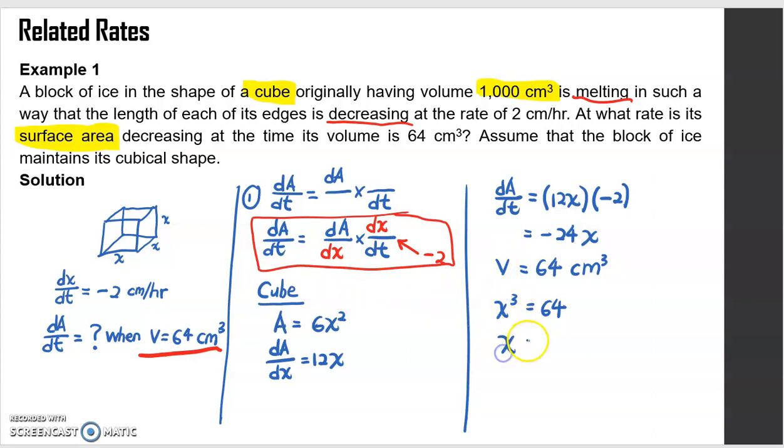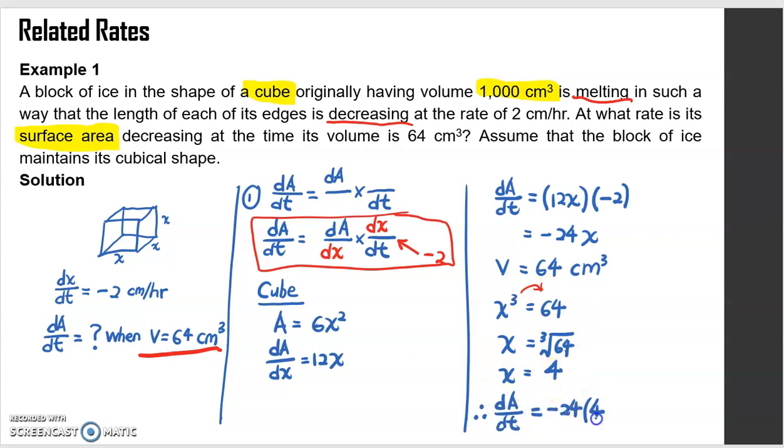So x is the third root of 64, which is 4. Finally, therefore, dA over dt is equal to negative 24 multiplied by x.